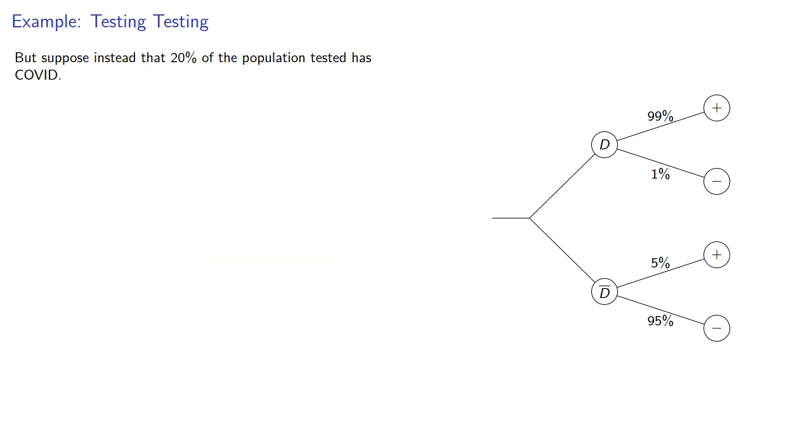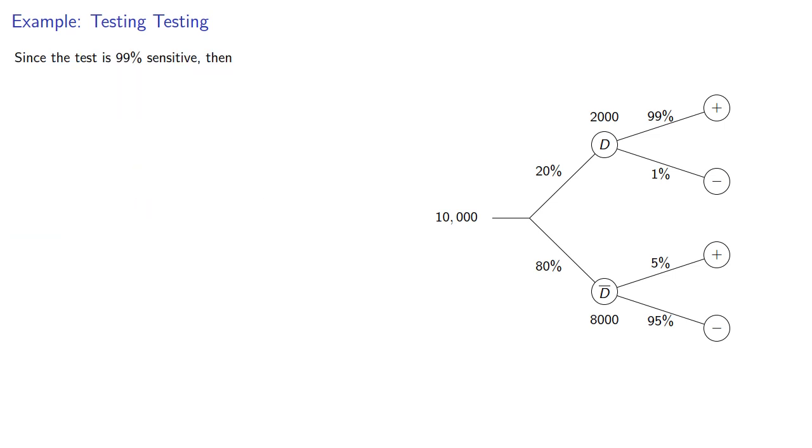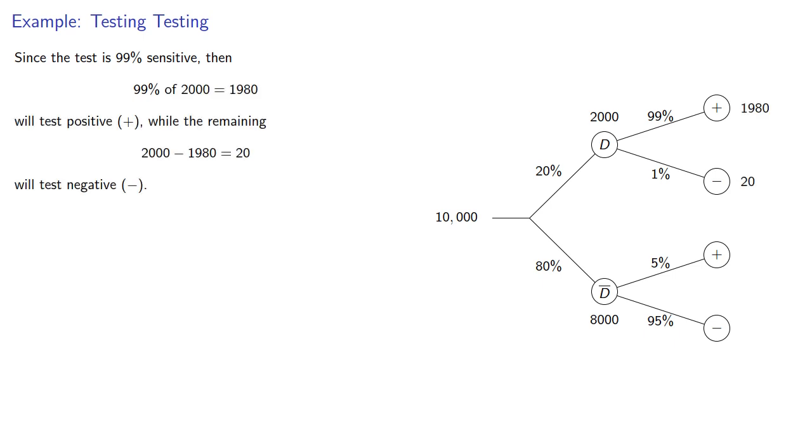But suppose instead that 20% of the population tested has COVID. This time a greater fraction has COVID, and we can find out how many do and do not. And again, since our test is 99% sensitive, we know the number who will test positive, with the remaining testing negative.